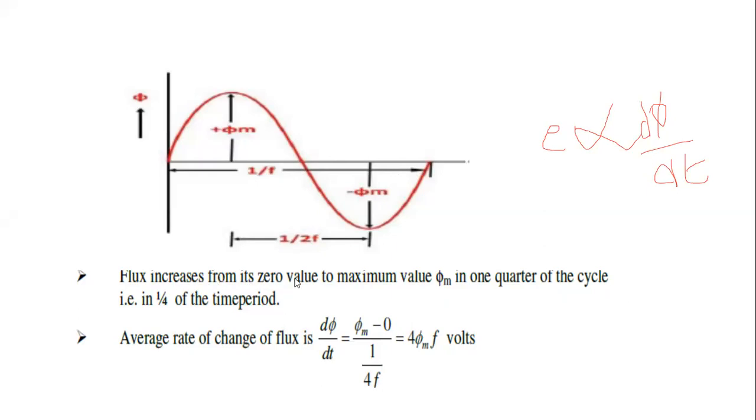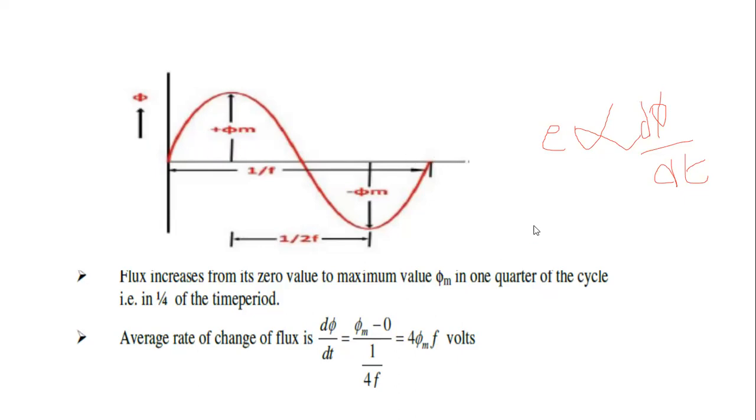The flux increases from zero to its maximum value, phi m, in a quarter of the cycle, that is, in 1/4 of the time period. So the maximum flux is reached from 0 to 1/4 of the time period.